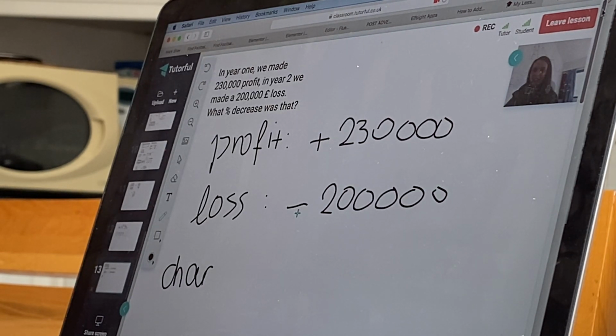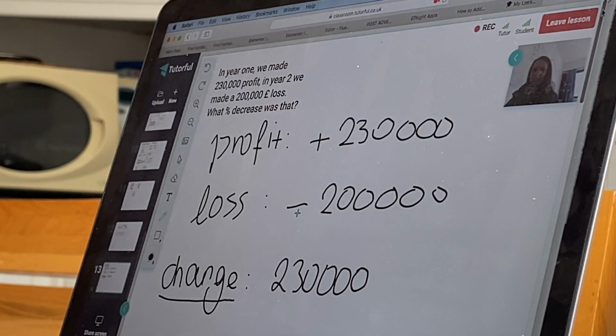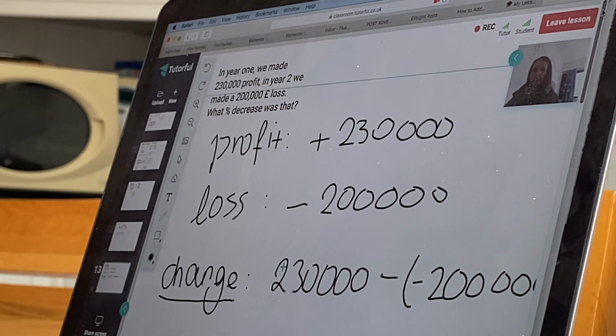Okay, so we start with a change. 13.04%.